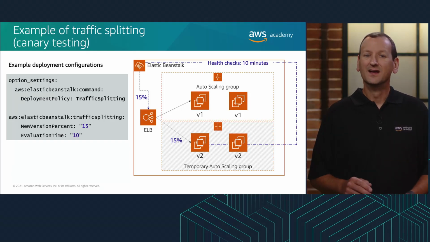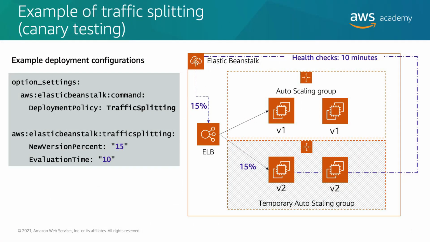As soon as the application's health is verified, you can commit to the new version and direct all traffic to it. During a traffic splitting deployment, Elastic Beanstalk creates a new set of instances in a separate, temporary autoscaling group. Elastic Beanstalk instructs the load balancer to direct a certain percentage of your environment's incoming traffic, new version percent, to the new instances. The decision is based on the configuration values in the traffic splitting namespace of your configuration file.